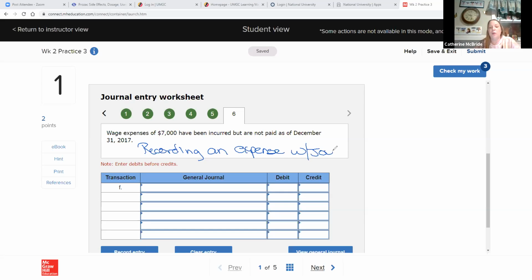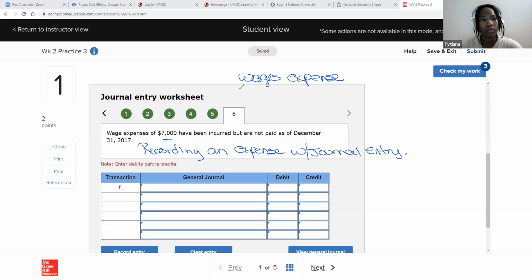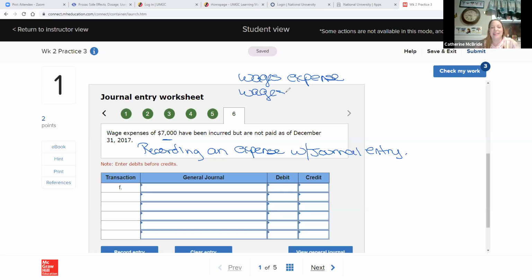If we know that we have 7,000 of wages expense, we know one of the accounts is wages expense. What's the other account? Wages payable? Yes, it's wages payable.